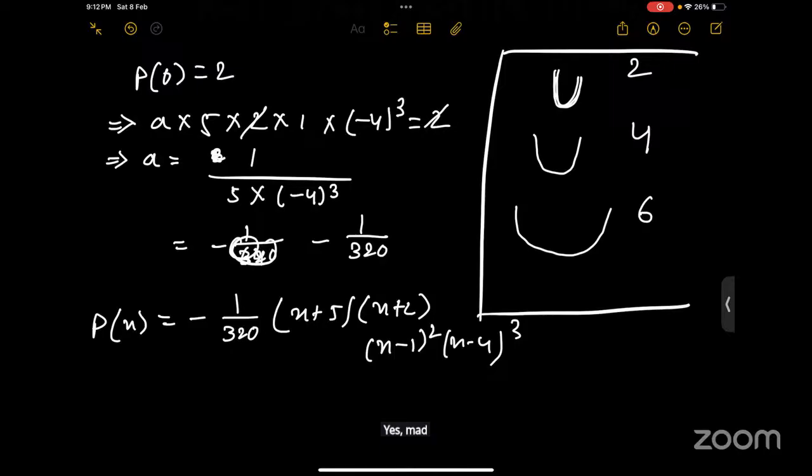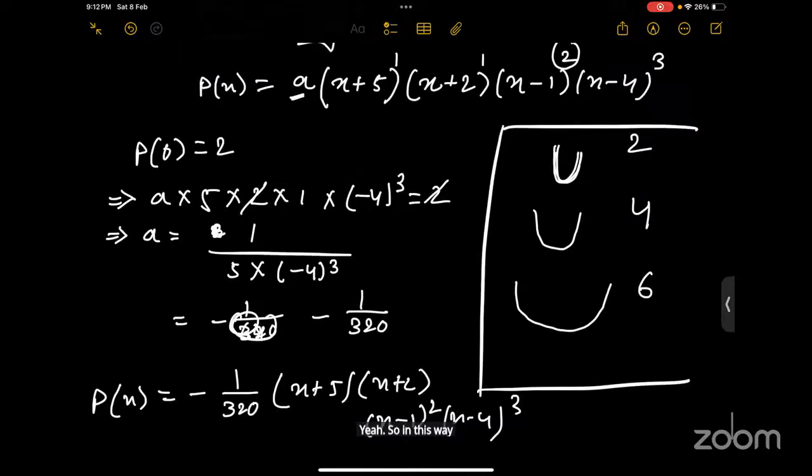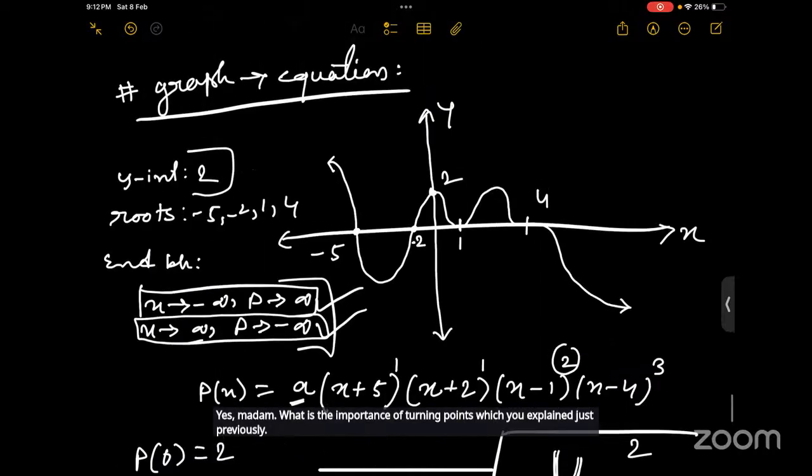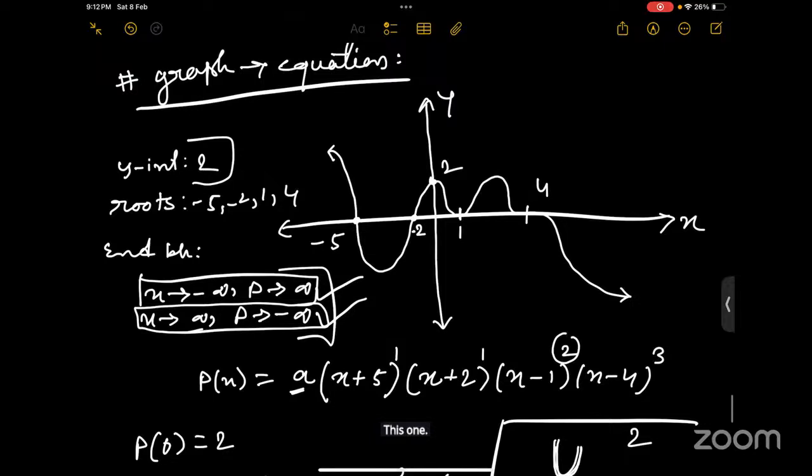Madam, what is the importance of turning points, which you explained previously? By knowing the turning points, can we infer anything?